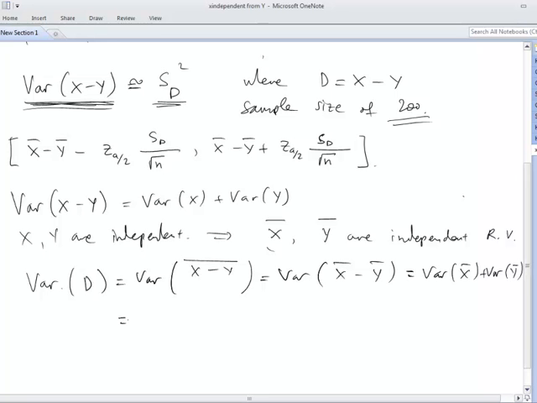Each one of them is equal to sigma of X squared divided by n plus sigma of Y squared divided by n.